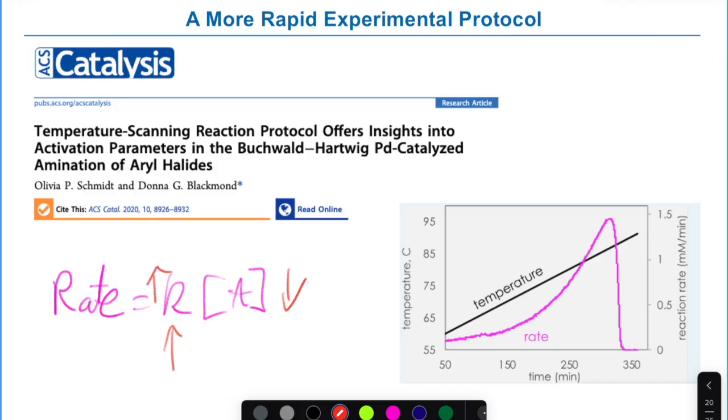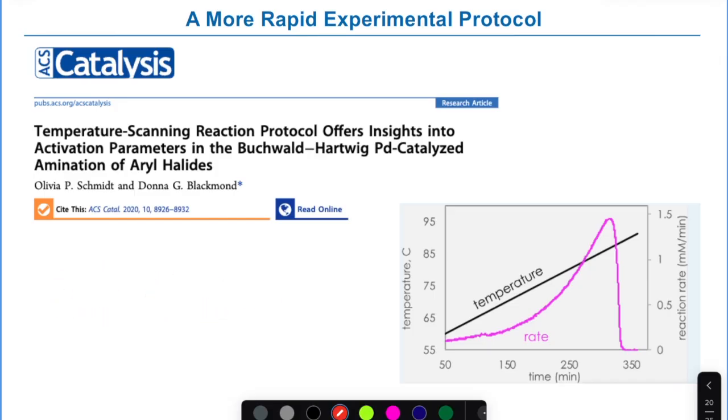The last one I want to mention is this paper by Donna Blackman. This is a concept that she came out with recently. Instead of having to actually build an Arrhenius profile, what we've been saying, especially back in some of the early slides today, is we need to measure K at one temperature, and another one, and another one. We actually have to scan a relatively broad set of temperatures in order to fit our actual Arrhenius profile or Eyring profile.